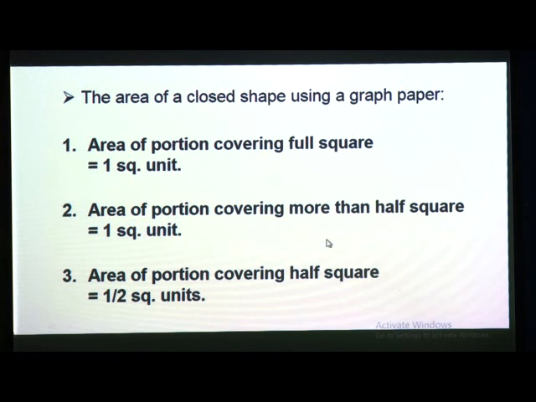For a portion covering more than half a square, we take 1 square unit, and for a portion covering half a square, we take half a square unit. If 2 half squares are there, we can take 1 full square. And for an area which is less than half, we calculate it as 0.